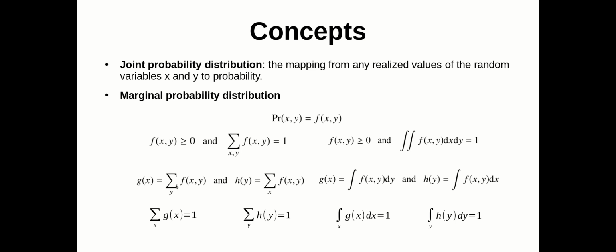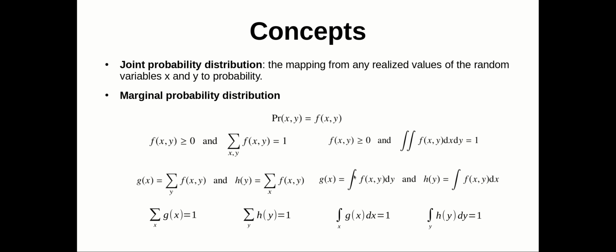We're simply integrating this function with two independent variables over one of those independent variables, y, and then the result of the integral or summation is a function of the other independent variable. In our case, we're integrating over y, so the result is going to be a function of x. This process of doing this kind of integral to obtain the marginal distribution over x is called marginalization.